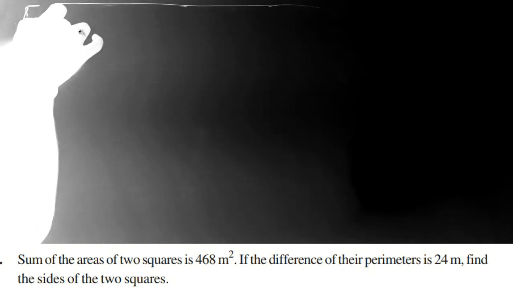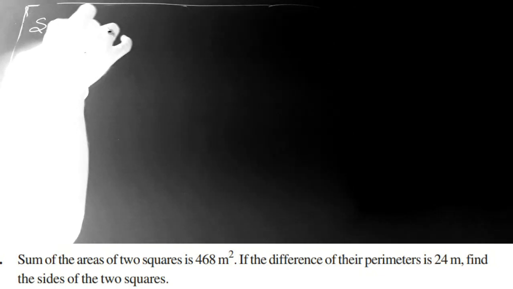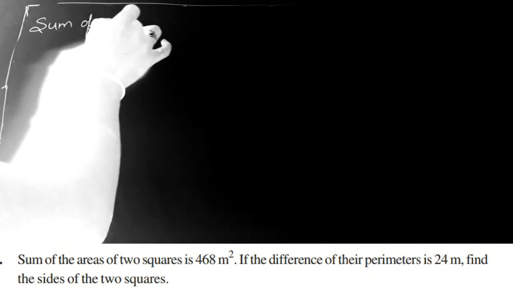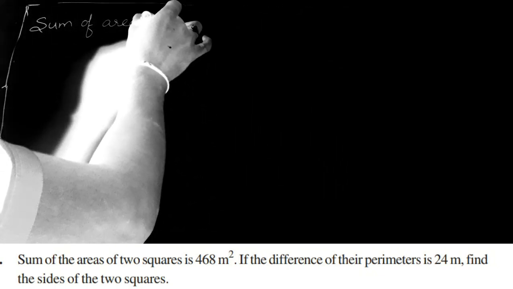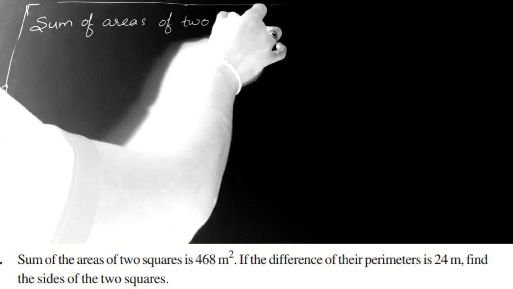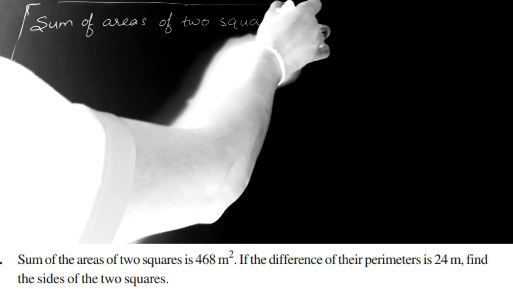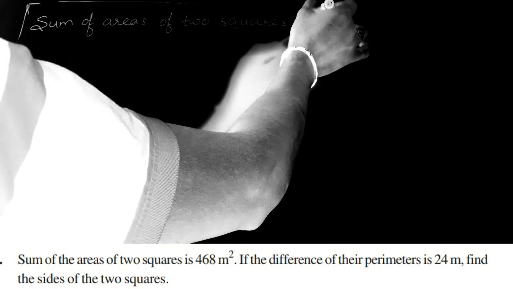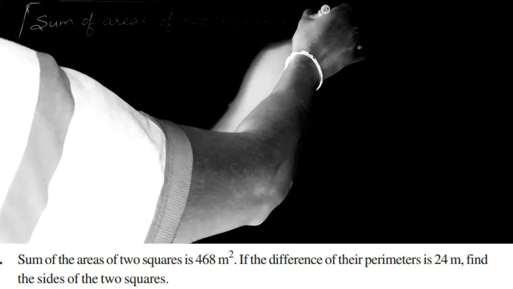Sum of areas of two squares is equal to 468 meters square.